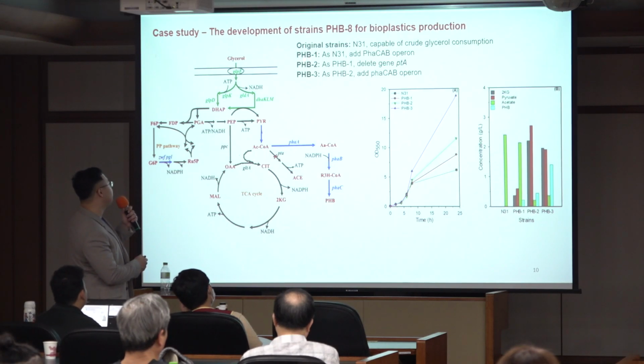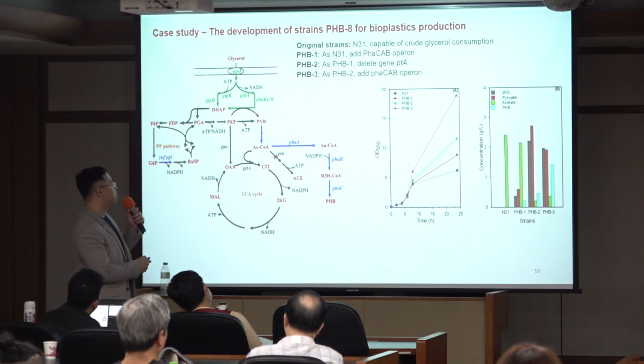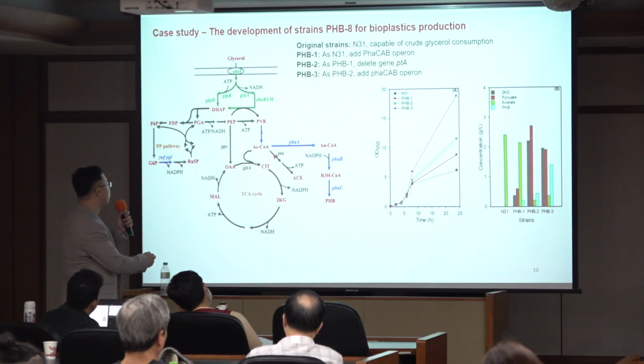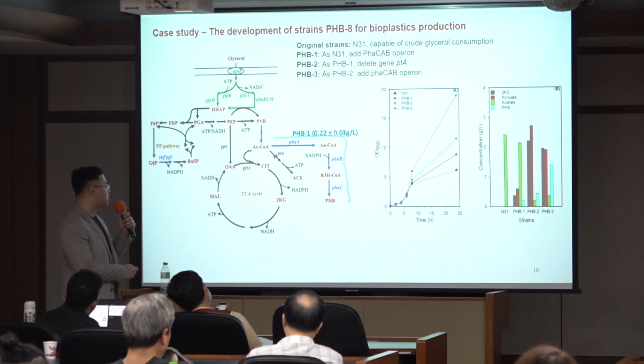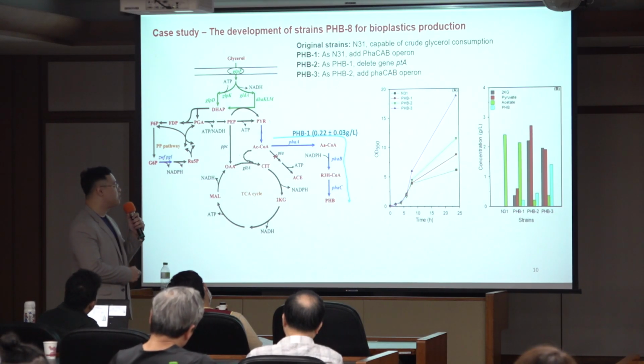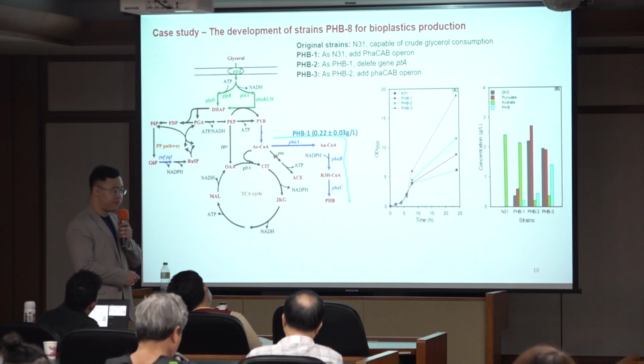So that's why PHB1 is N31 with the additional far-CAB operon, which is right here in the pathway. Once we added this into the strain, it started to produce PHB, from 0 gram to 0.22 gram per liter in a flask scale.